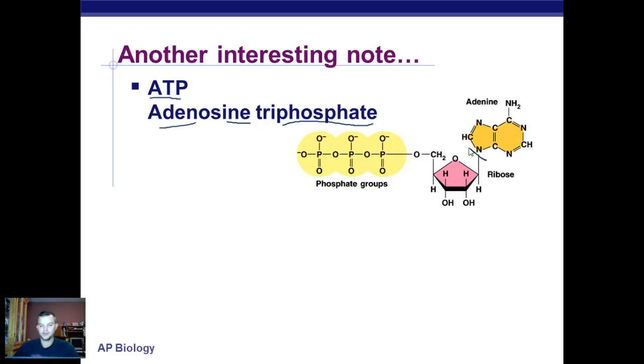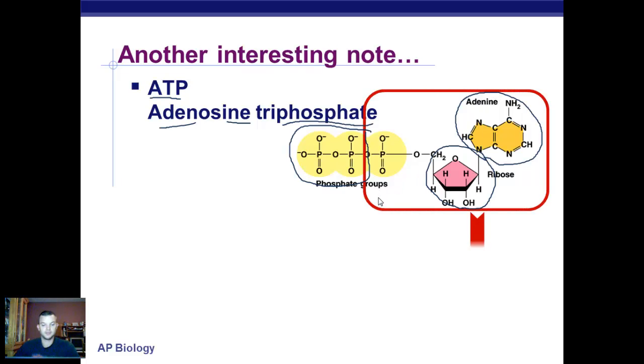Well, if you look at it, here's adenine, here's your ribose, so we're really talking about a nucleotide of RNA. And instead of having one phosphate, I have 2 more. So ATP is a very closely related molecule to the nucleotide for RNA of adenine.